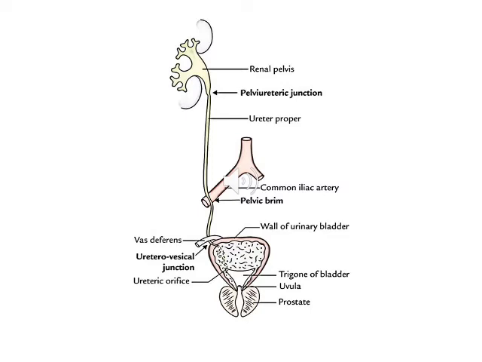Next one is at the pelvic brim, as the ureter enters the pelvis and crosses over the common iliac artery bifurcation. The last constriction is at the vesico-ureteric junction, as the ureter obliquely enters the bladder wall.